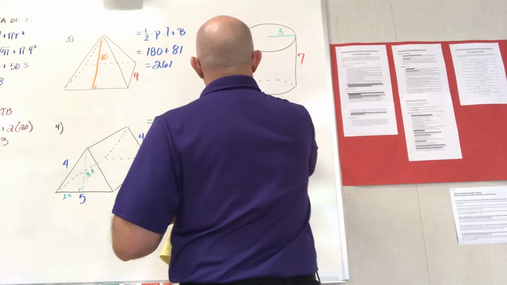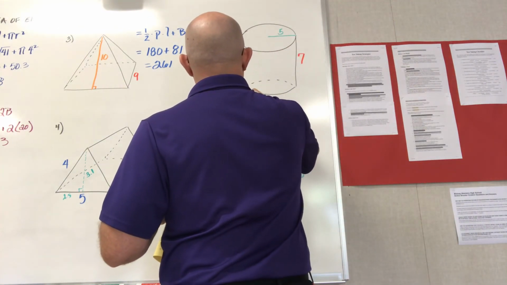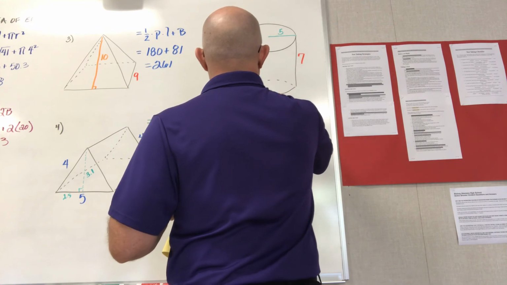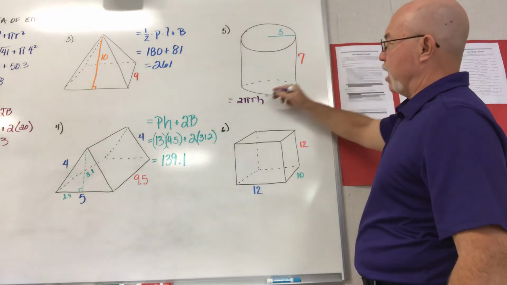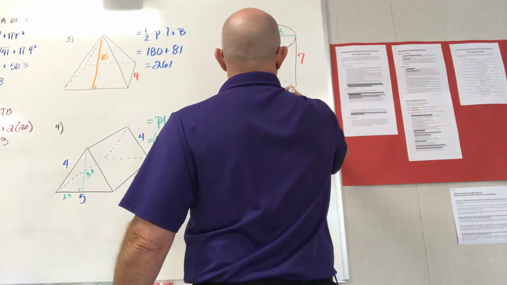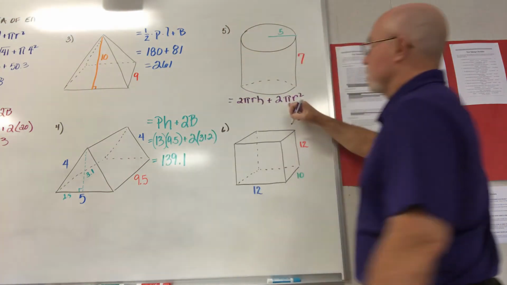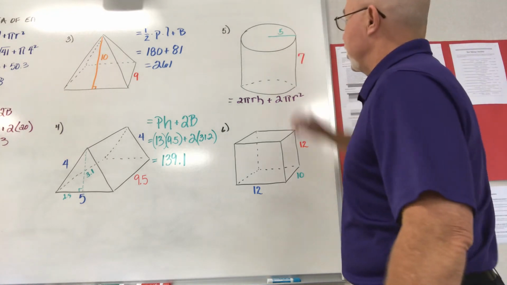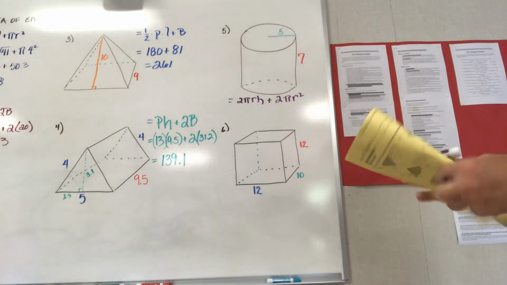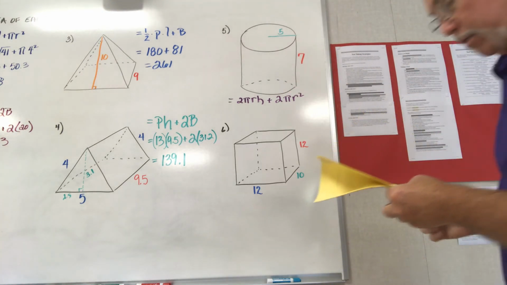2 pi r h. There's r, there's h. Area of the base, pi r squared. Just plug the numbers in.